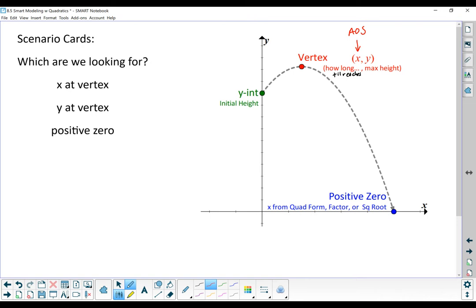If it asks you for how long until it hits the ground, and the ground, by the way, would be y equals 0, the height is 0, or it might ask you how long is it in the air.